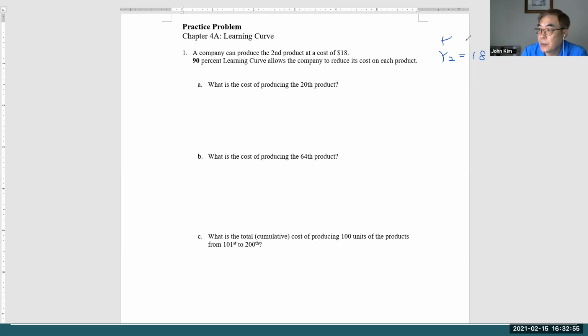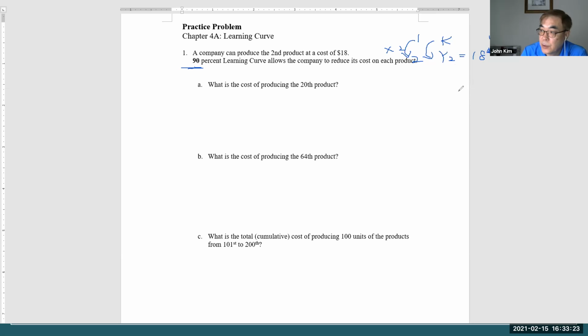We don't know k, but it gives a 90% learning percentage. So from 1 to 2, it doubled, times B. B is 0.9.